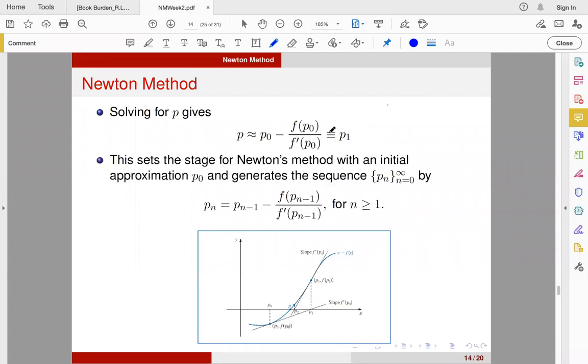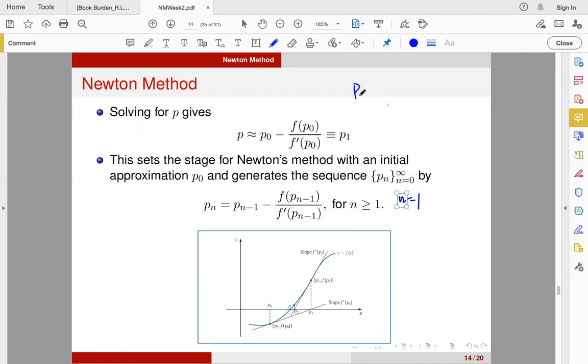So basically this is the iteration in Newton. First you start with a guess point here. You start with n equal 1. You have p0 minus f(p0) over f'(p0). Then you have the new value p1.